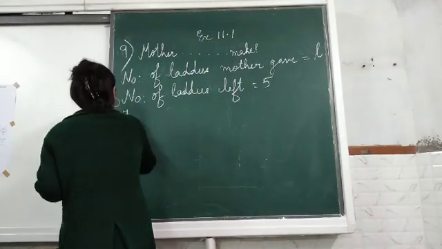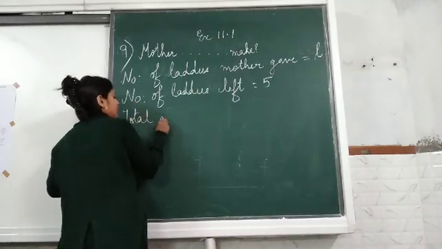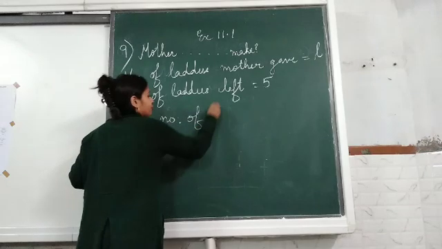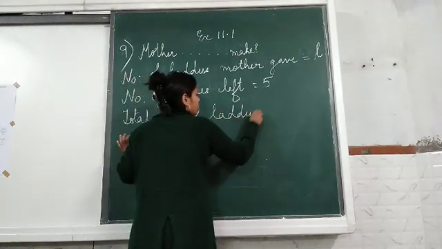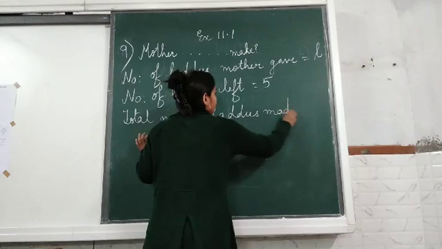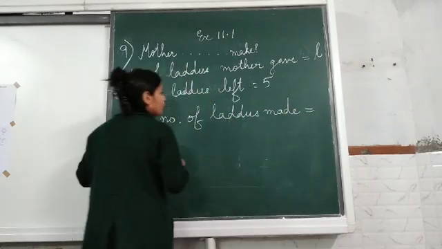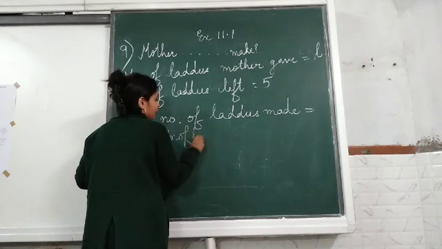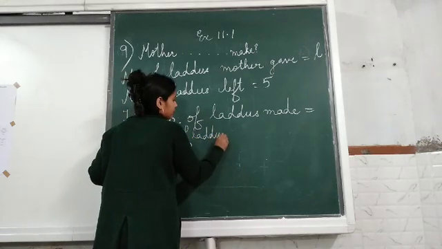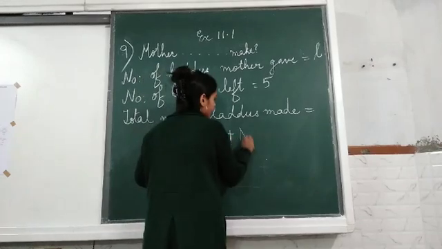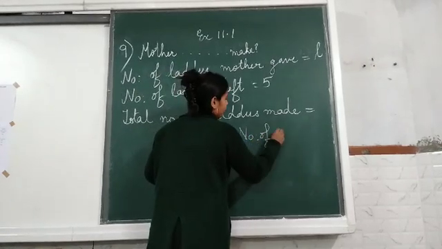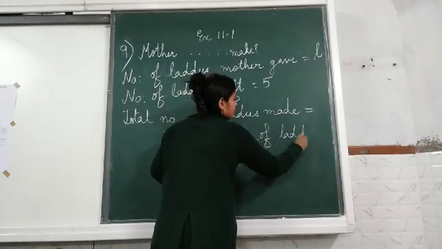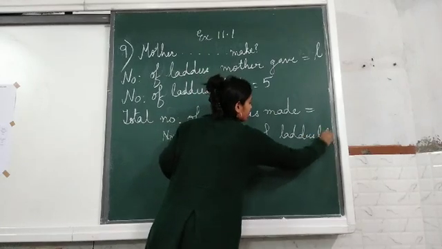Then how many laddus did she make? So total number of laddus made is equal to number of laddus given plus number of laddus left.